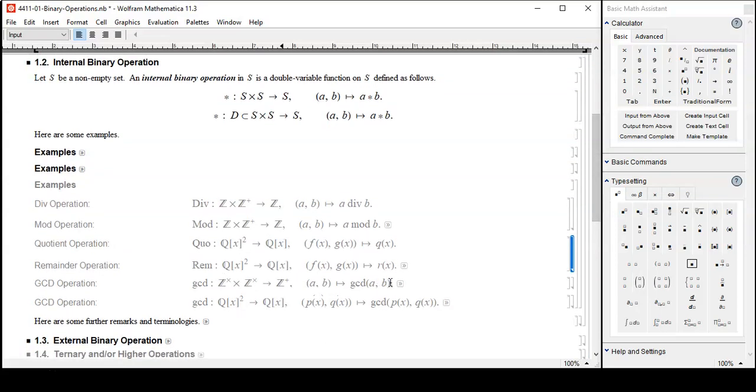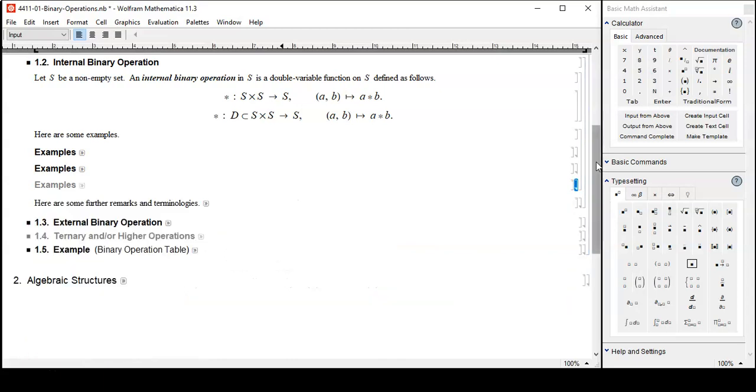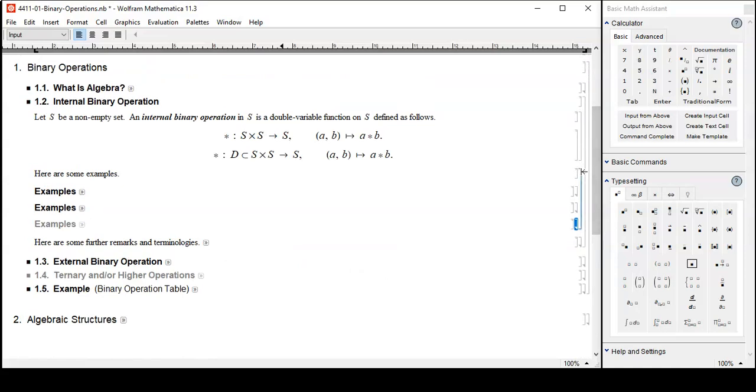Another operation that you may remember from number theory is the GCD operation, and we can do the same or a similar thing for polynomials as well. The greatest common divisor of polynomials. Again, that's something we are going to do way later, but we're going to cover those in this course.